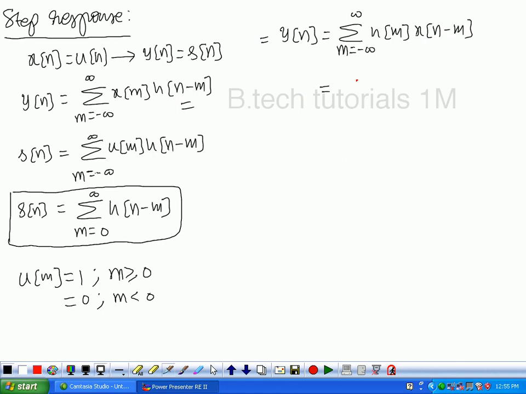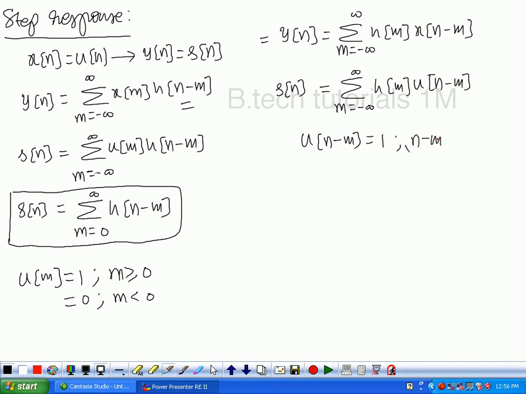Now from this, if you substitute the x value, this is h of m. What is x of n minus m? It is u of n minus m. So then it will become the step response. But we already know that u of n minus m is equivalent to 1 for n minus m greater than or equal to 0.